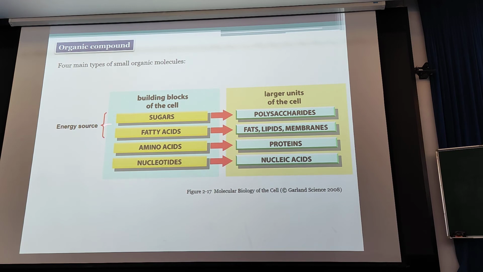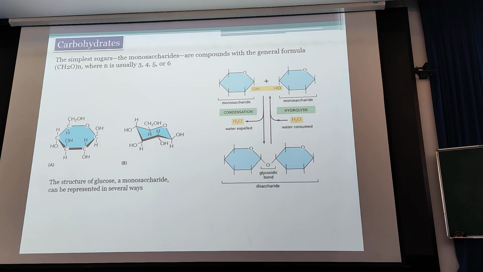And we move to the first part, sugars, which we also call carbohydrates. Carbohydrates are simple sugars, or we call them monosaccharides. They have the general formula (CH2O)m, where m is usually 3, 4, 5, or 6.